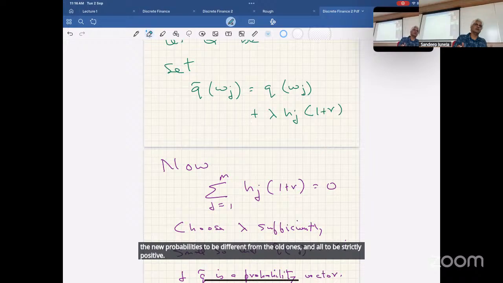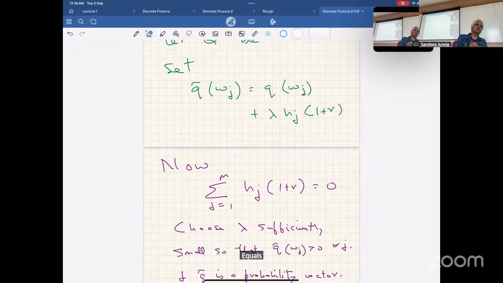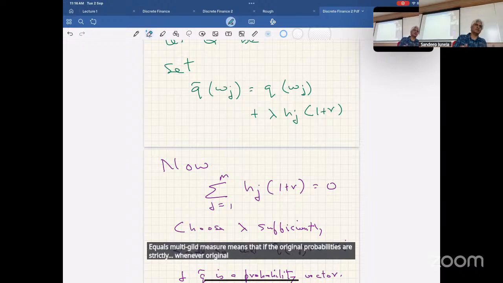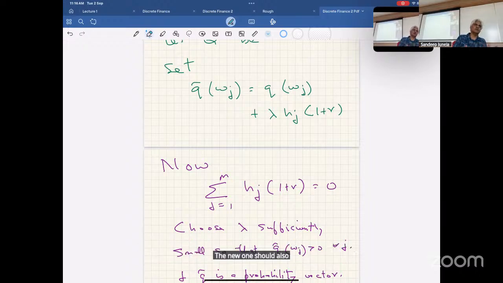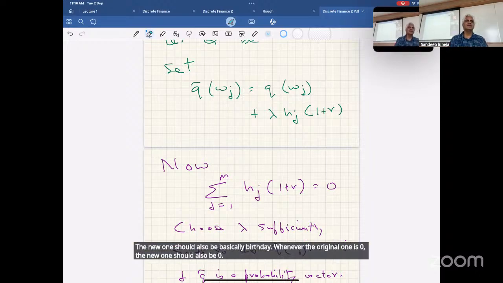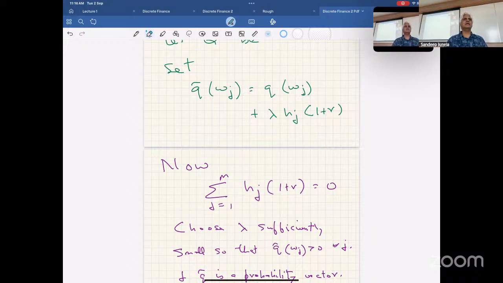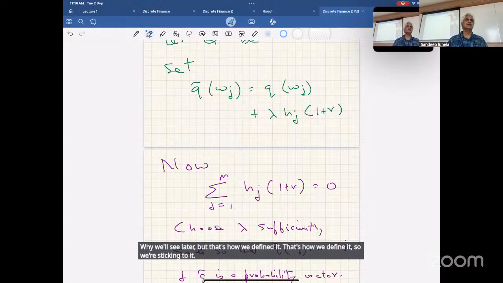Why strictly? Equivalent martingale measure means that whenever the original probability is strictly positive, the new one should also be strictly positive, and whenever the original one is 0, the new one should also be 0. Why, we'll see later, but that's how we defined it, so we're sticking to it.